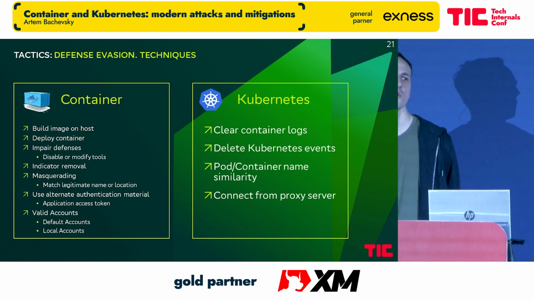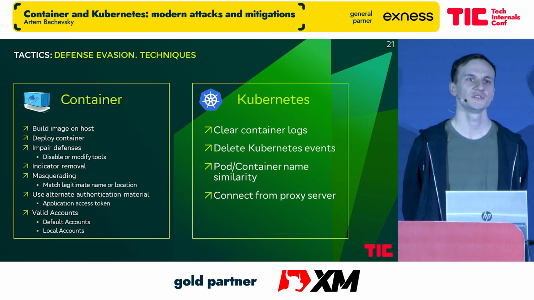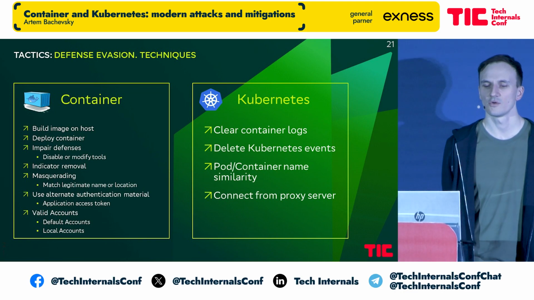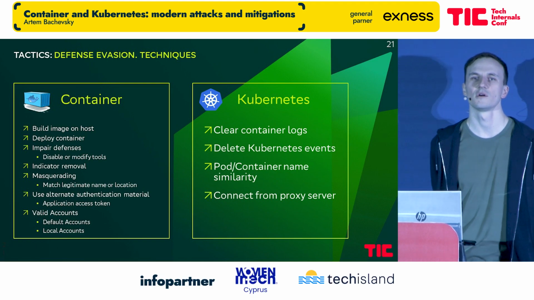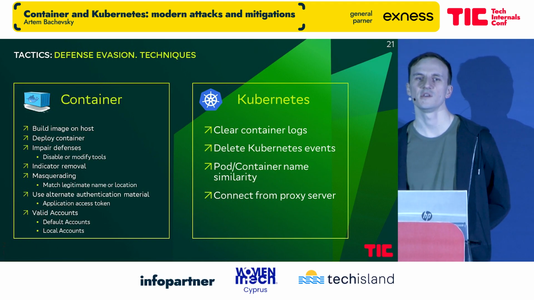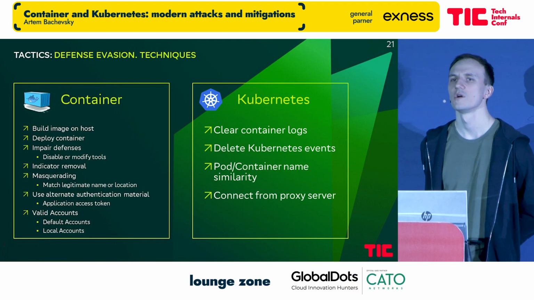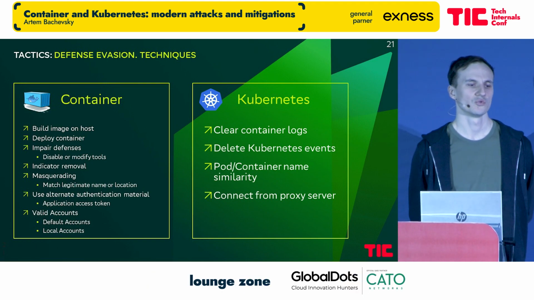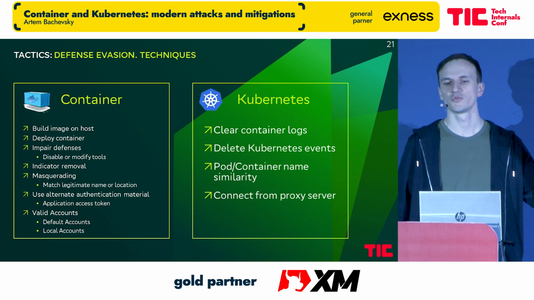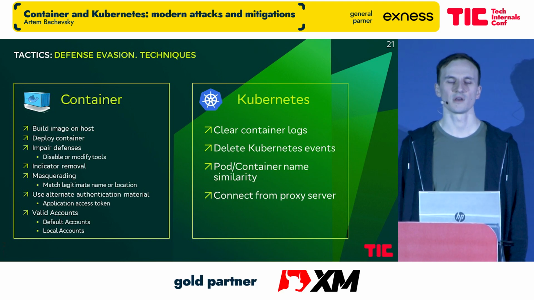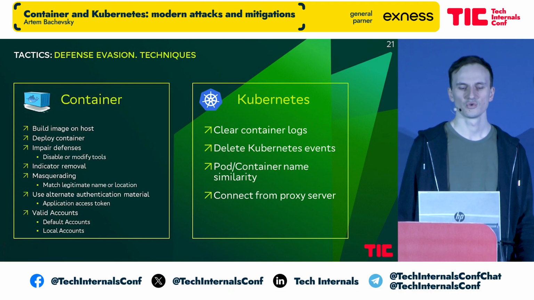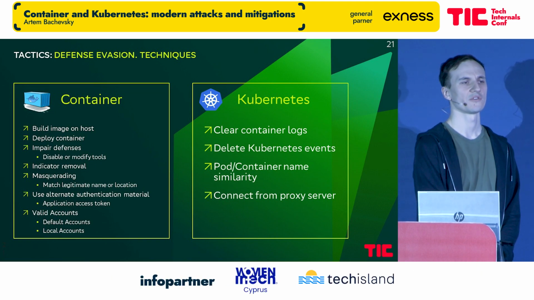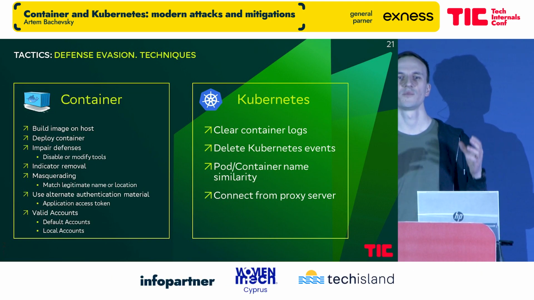Modifying tools or rules is better, because disabling some security tools could be detected by SIEM or by the SOC team. So you could try to add some exclude rules or to delete some specific rules that could detect your activity inside.